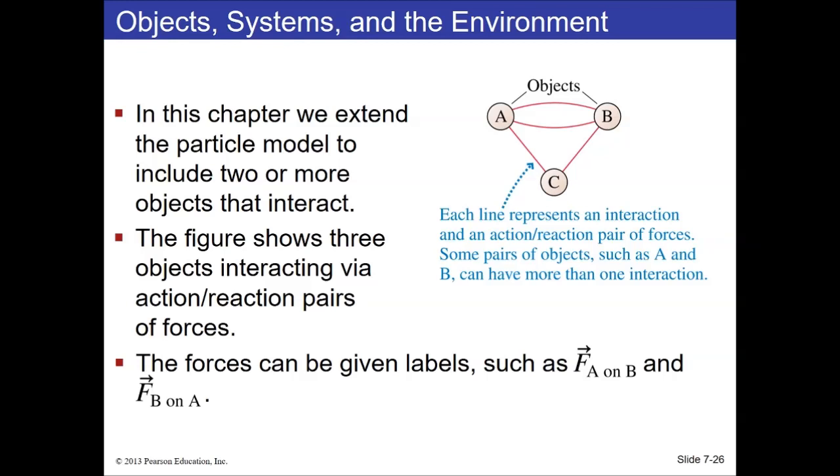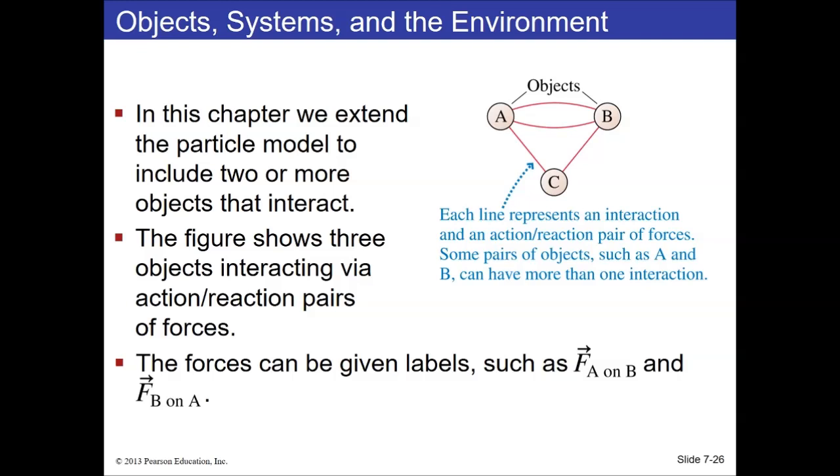As you can see with the lines that are drawn here, C is interacting with A and B. An example of this could be that C is the ground, and the lines that connect to A and B might be normal forces exerted on A and B. Now, if you look at A and B, there are two lines drawn between them. That means there are two Newton's third law interacting pairs between them. Who knows what those could be? One can be a type of normal force, and one can be friction or something like that. It's a sort of vague example here.